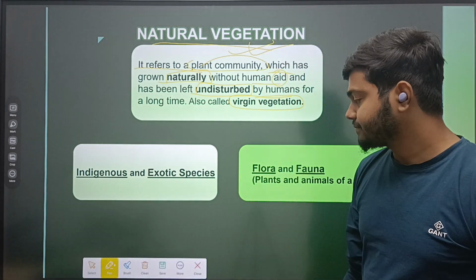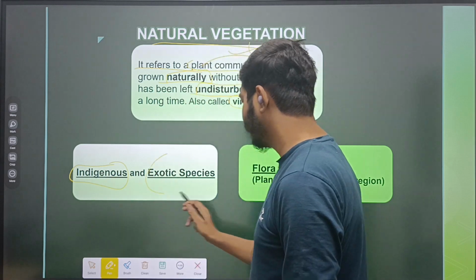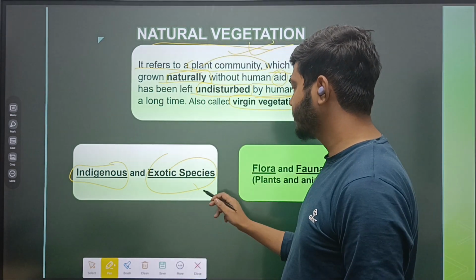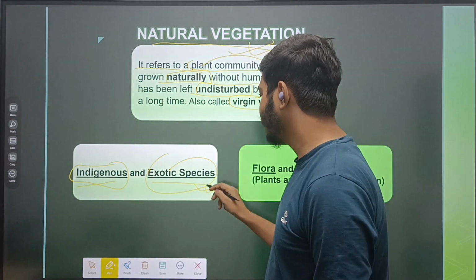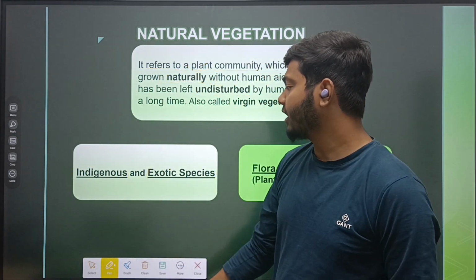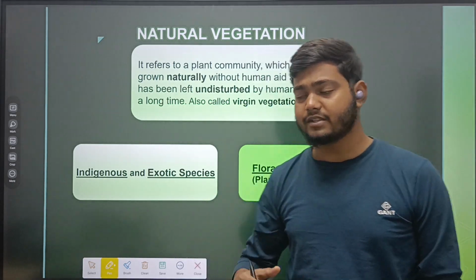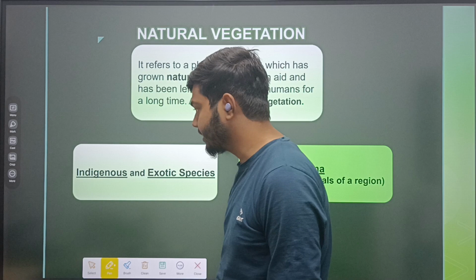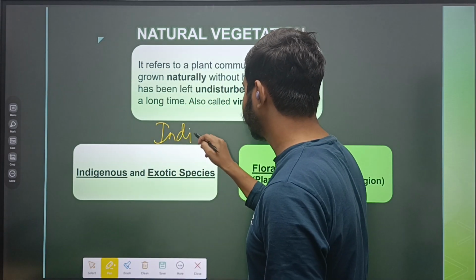Let's see another point, which is indigenous and exotic species. So what are indigenous species and what are exotic species? Indigenous species are those species which are found in a particular region or a country. Let's take an example of a country, suppose India.